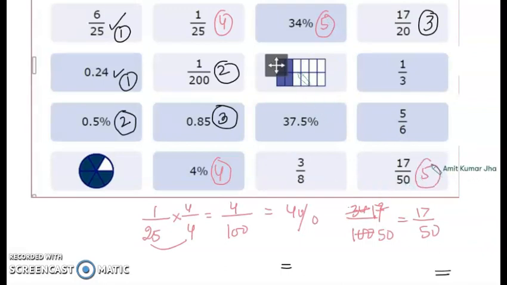Now see how many boxes are here. 1, 2, 3, 4, 5, 6, up to 12. Out of 12 boxes, 4 are shaded. So 4 out of 12 after cancelling gives you 1 by 3. So you can write this and this.